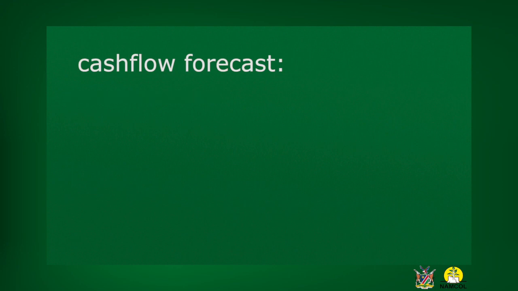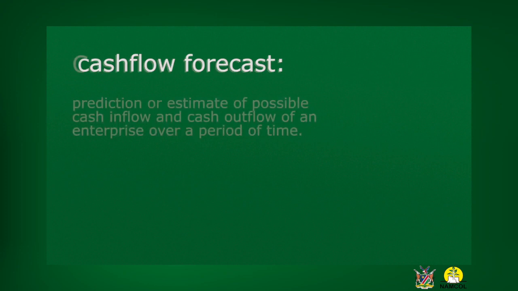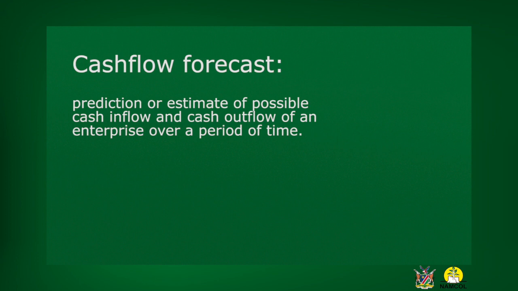A cash flow forecast, therefore, is defined as a prediction or estimate of possible cash inflow and cash outflow of an enterprise over a period of time. Let's say that again. A cash flow forecast is a prediction or estimate of possible cash inflow and outflow of an enterprise over a period of time.